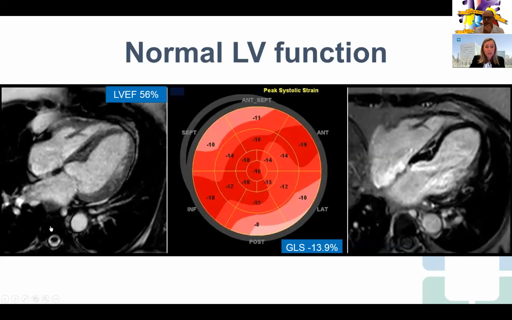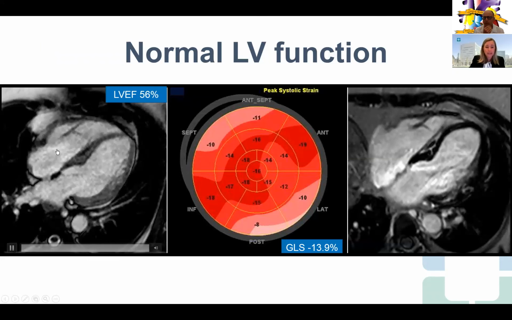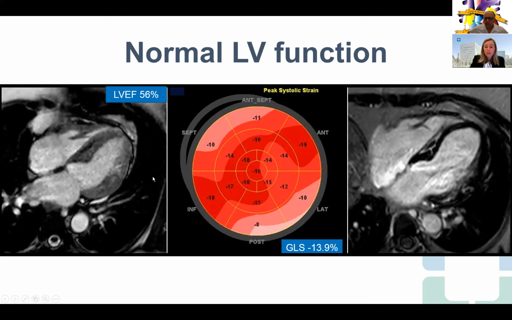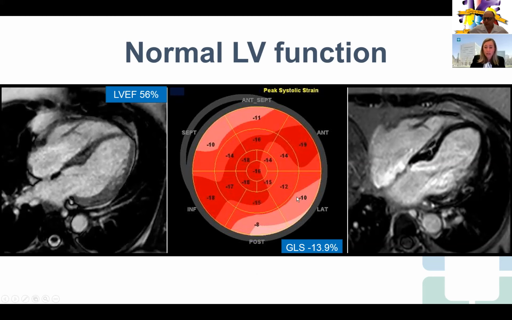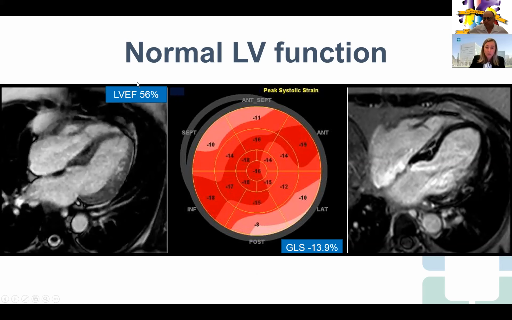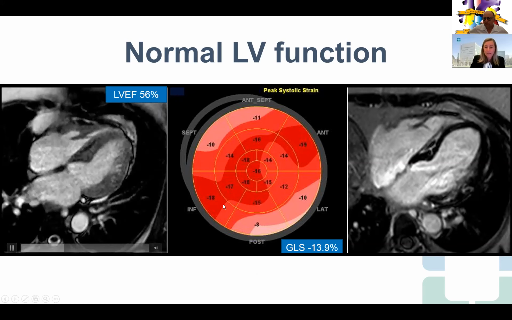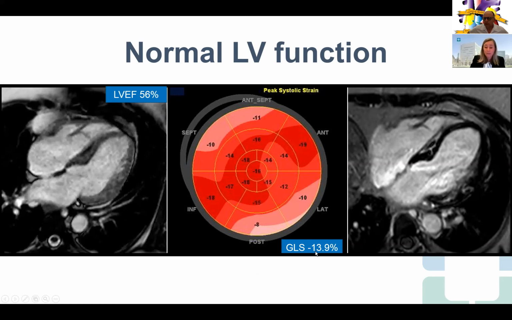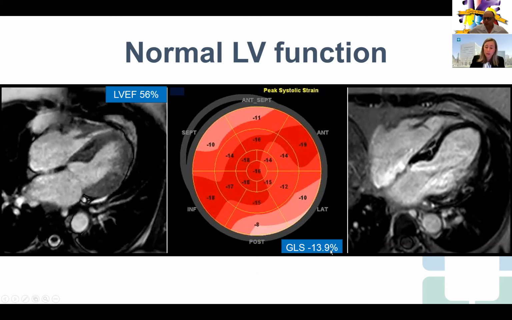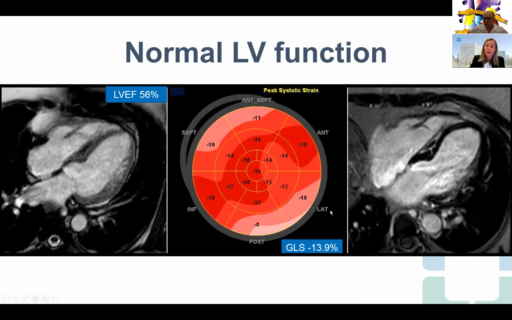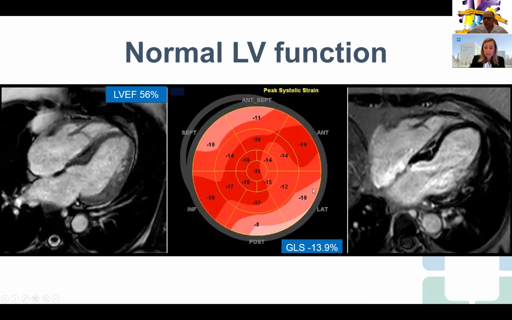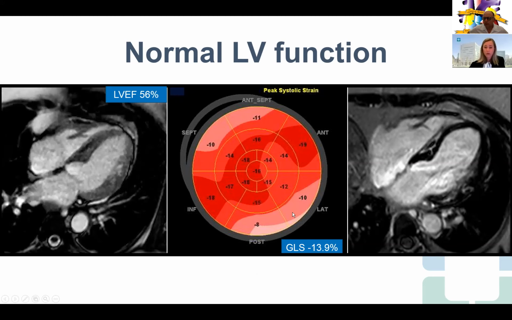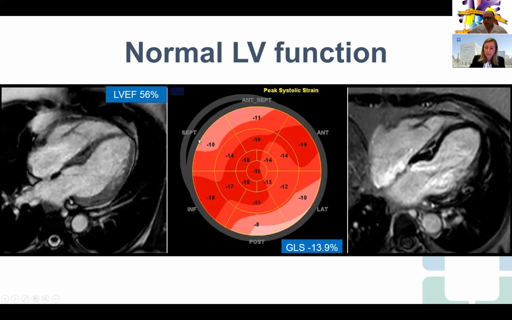Here we've got a patient with normal ejection fraction. We can see here normal contractile function of both ventricles. We look on their strain profile here, and we see though that despite normal ejection fraction on this MRI cine sequence, we have a reduced global longitudinal strain of minus 13.9, so certainly below Dr. Joyce's cutoff of minus 17. And you can see here on the polar map that there's reduced strain in those basal posterolateral areas and also in the basal septum.